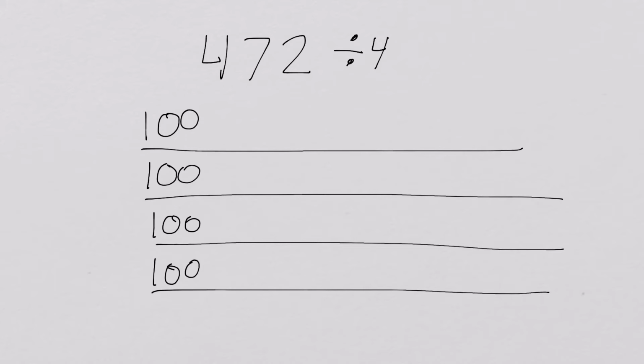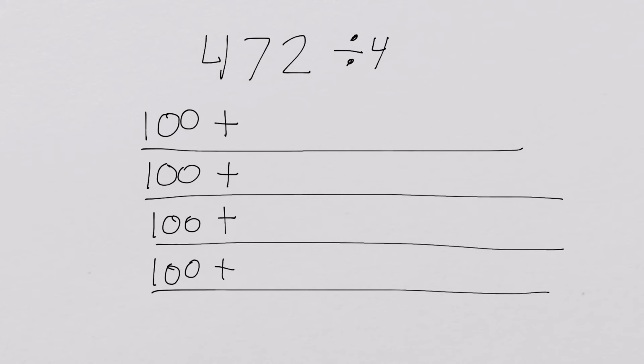Now we're dealing with a 7 in the tens. I don't have to bring anything over to the tens place this time because I used everything the first time. So we need to figure out how much can we give with our tens.